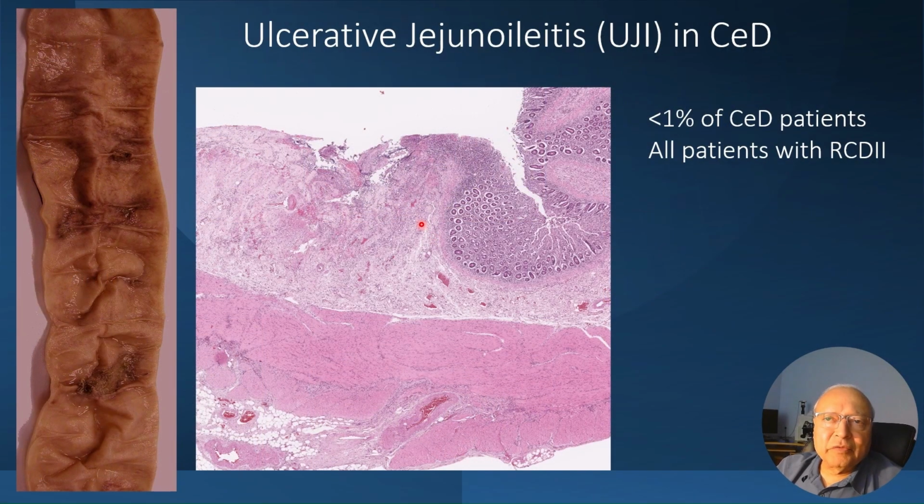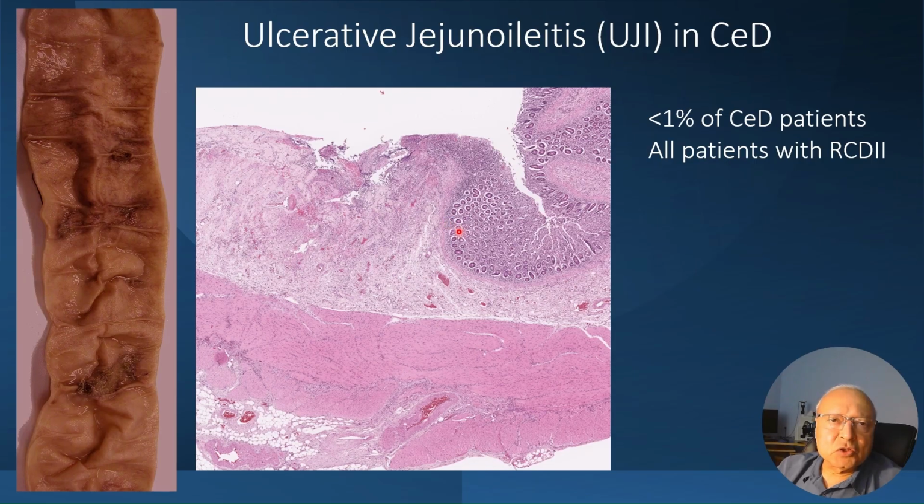So while refractory celiac disease type 2 is quite uncommon and seen in less than 1% of celiac disease patients, when it occurs, there is a risk of ulcerative jejunoileitis. And here is a segment of small bowel showing multiple ulcerations that are not very shallow.